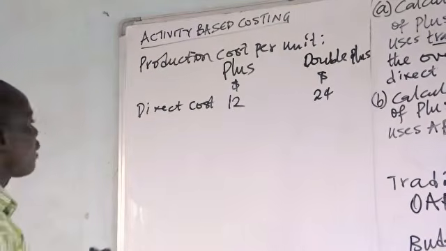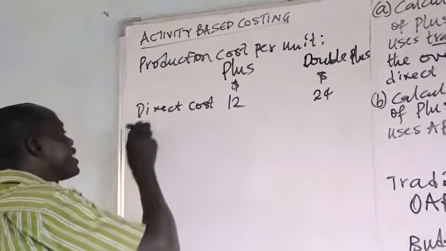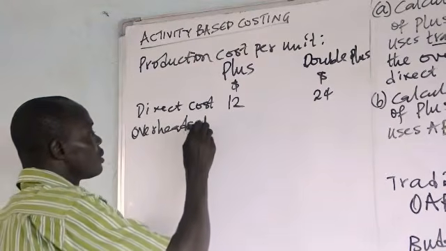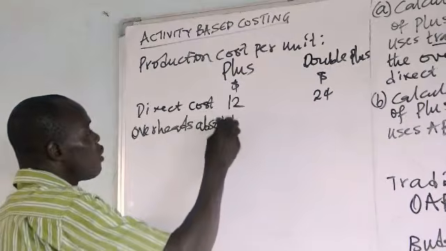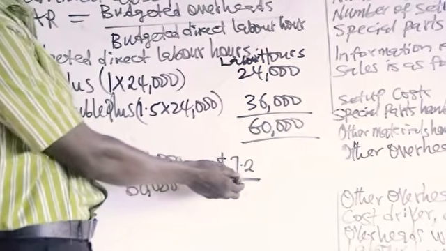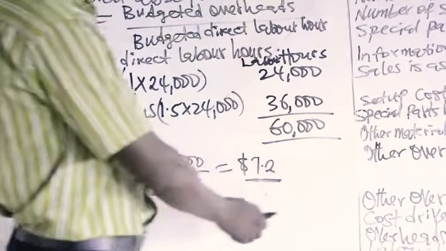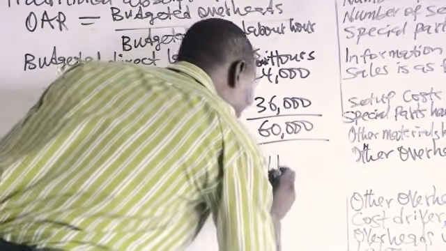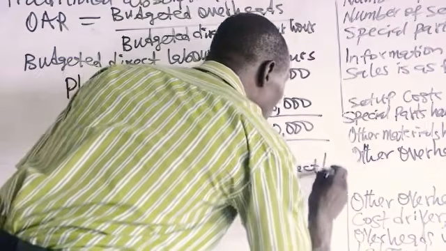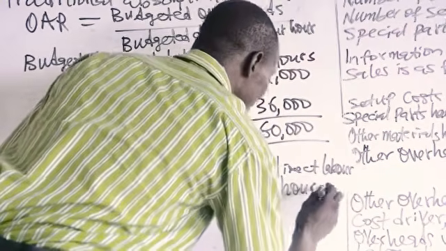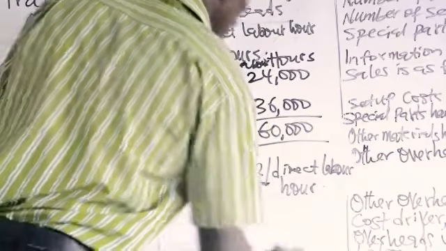Then after that, you now have overheads absorbed. How much will be the overheads that will be charged? The rate at which overheads will be charged to the product is $7.2 per direct labor hour.